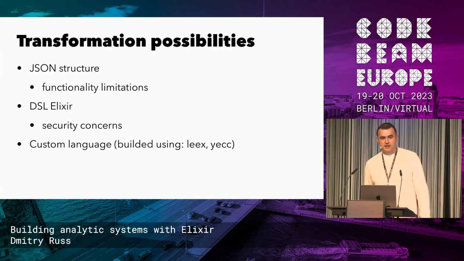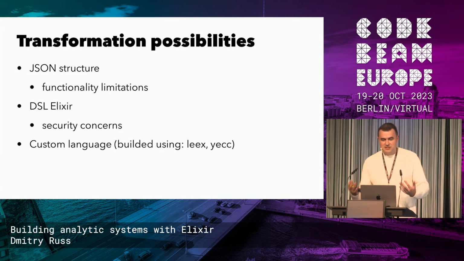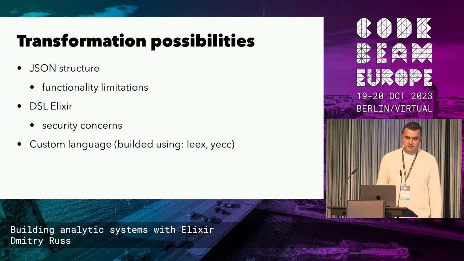Another one is if you are working very closely with data scientists, then you can provide a DSL for Elixir. Elixir is great; one of the reasons is that it's very easy to have something like a custom domain language.